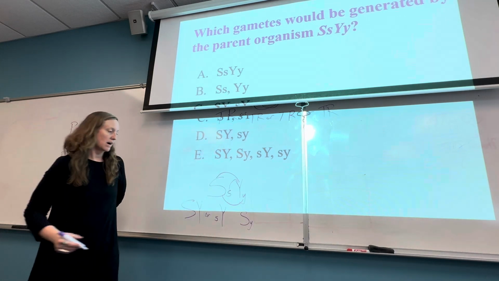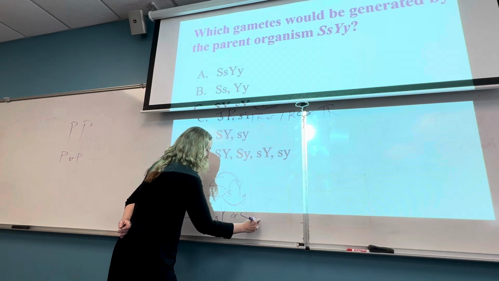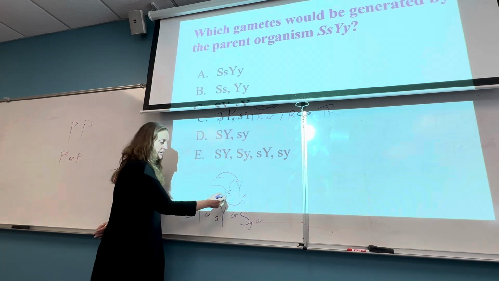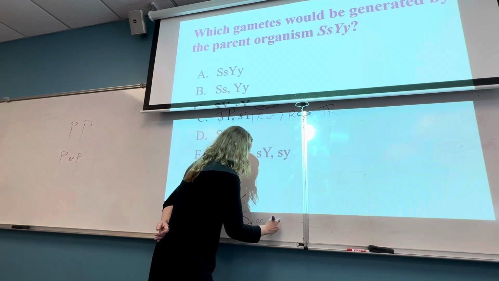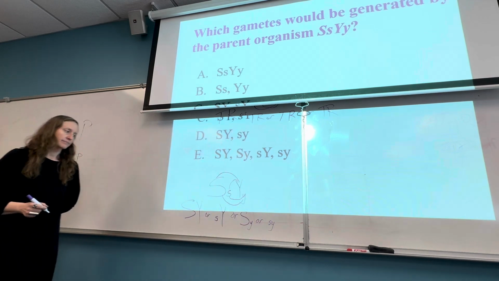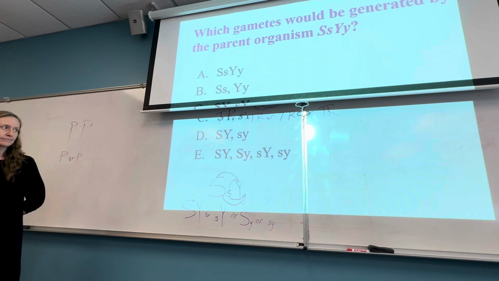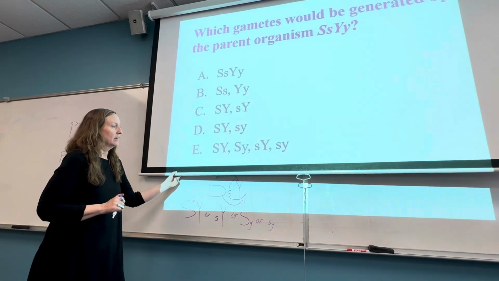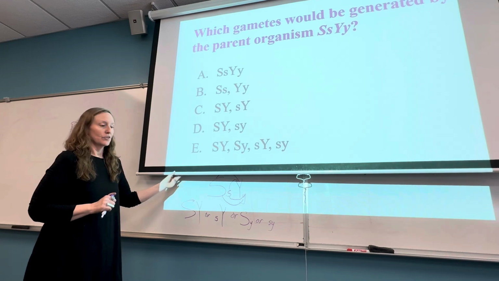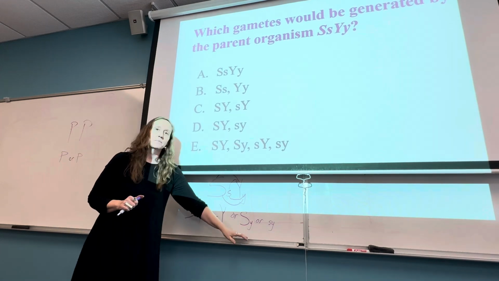And then our last of each, little s, little y. So we get 4 different possible gamete combinations.